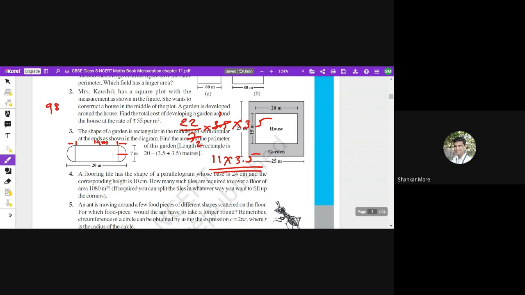Perfect. 38.5 would be the area of that circle. और rectangle का कितना है? 98. So if you add that, how much it is going to be? 136.5 meter square would be the area of this whole ground, right? Whole garden, whatever it is. ठीक है?